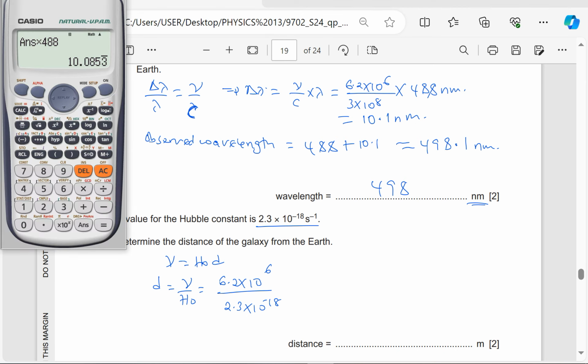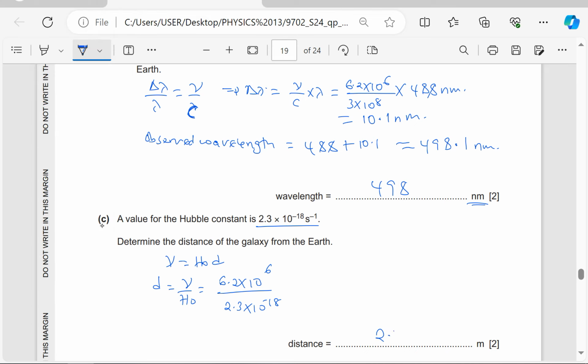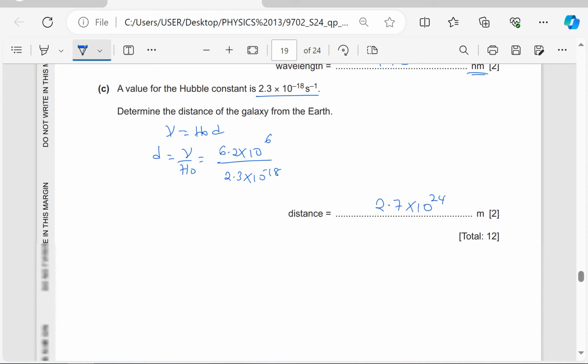So this is going to give us 6.2 exponent 6 divided by 2.3 exponent minus 18. So that is 2.7 times 10 to the power of 24 meters.